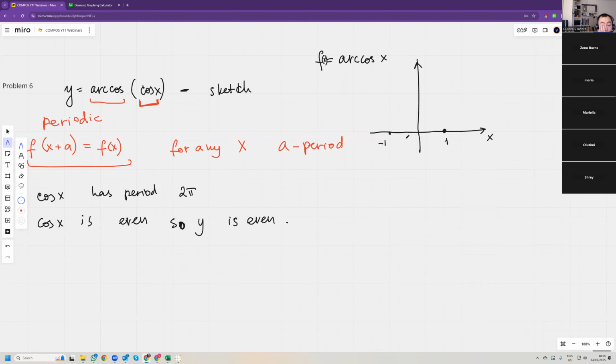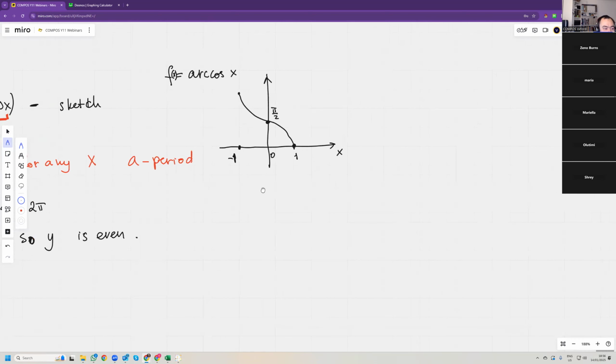And arc cos 0 is pi over 2. And arc cos -1 is pi. So the graph goes like this. Okay.